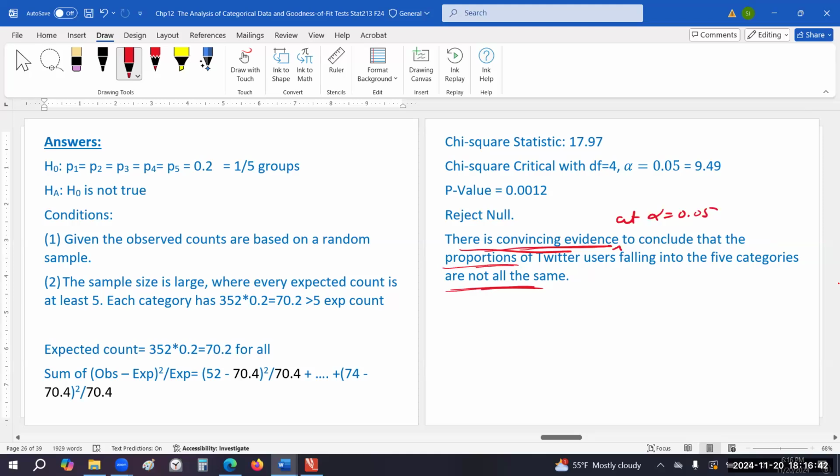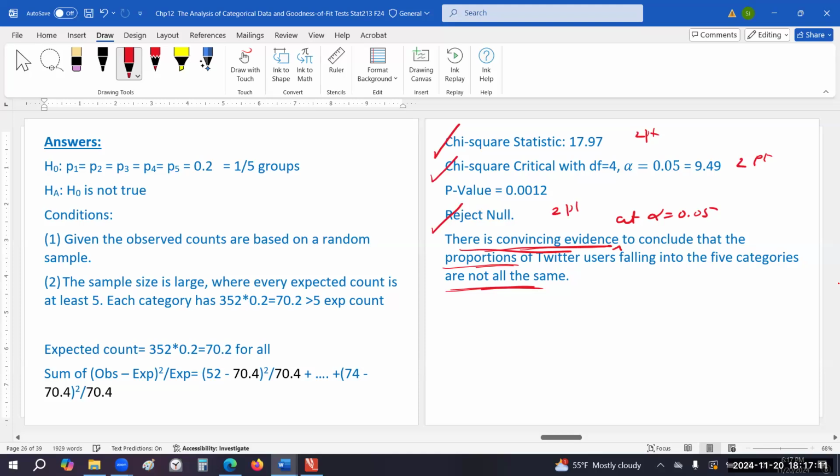So make sure you know how to write the conclusion. Each part has a point. In the exam, the chi-square statistic will have a point, probably 2. The chi-square critical value probably will have two, stating this is called carry out, reject or fail to reject.